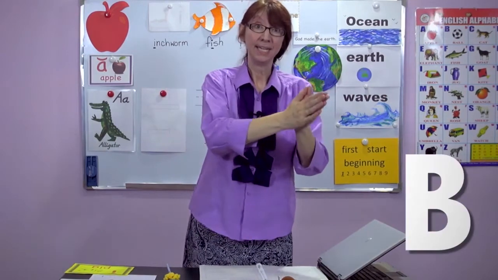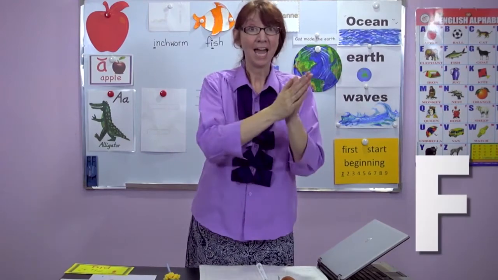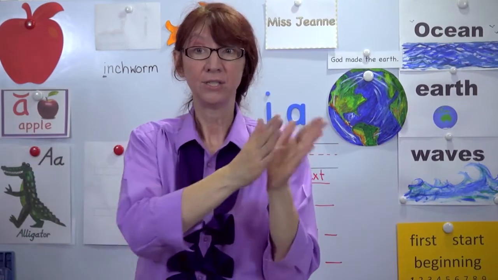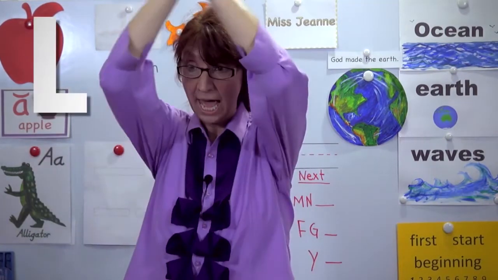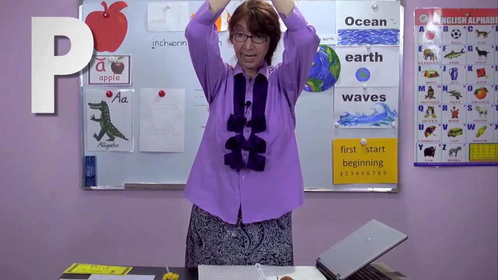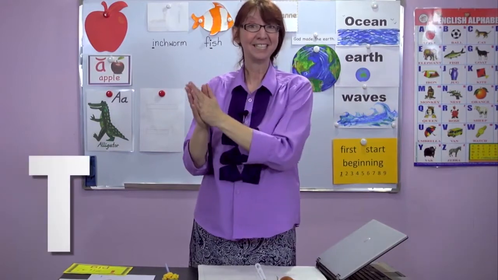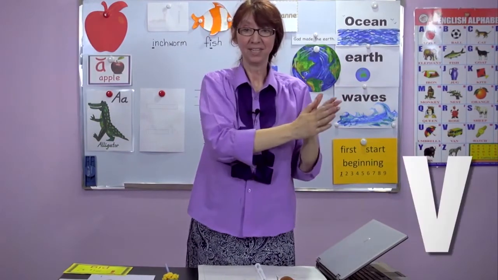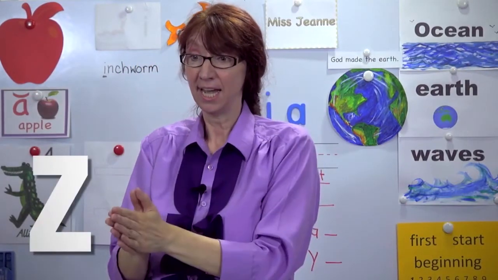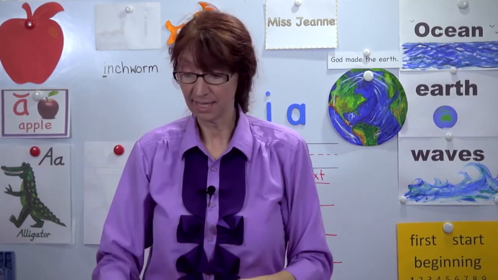A, B, C, D, E, F, G, H, I, J, K, L, M, N, O, P, Q, R, S, T, U, V, W, X, Y, Z. Very good. That is 26 letters.